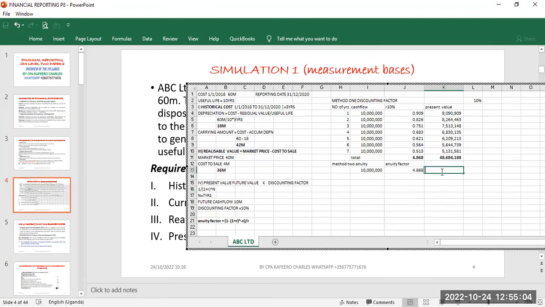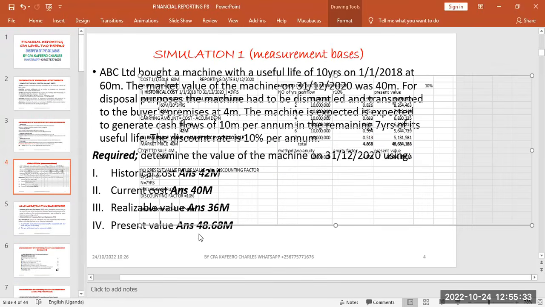To get our present value, we multiply by this. It will give us the same answer. This is our present value, and when you check here, we said it is 4.86 million. That's what we've been talking about.